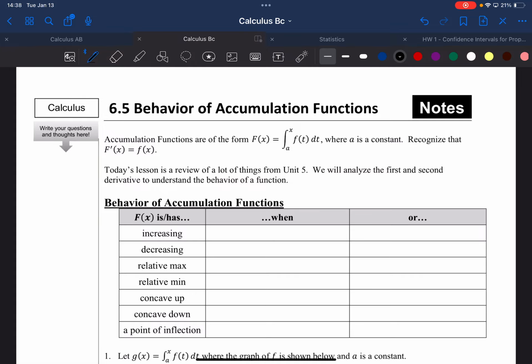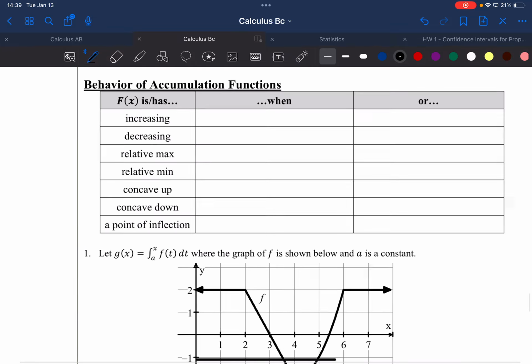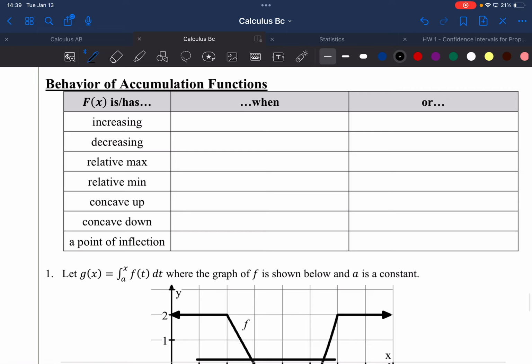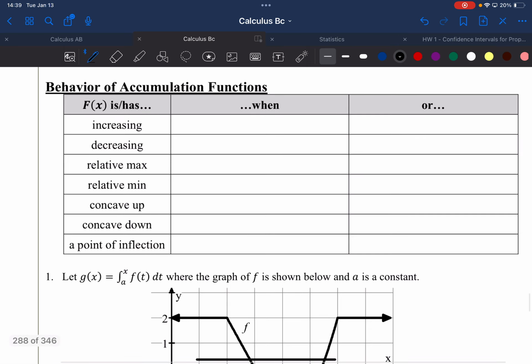So in these notes, we are going back to Unit 5, and we are looking at the comparison between the derivative of capital F of x and the function. Okay, so for each of the following. First, capital F of x is increasing when the derivative of capital F of x is greater than 0.